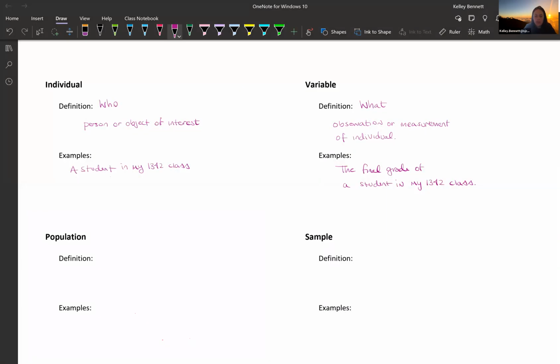So next I want to turn to population. I want you to think about population as all, everyone. Or if you're not measuring people, you could think about it as everything. So this is just all the individuals of interest.